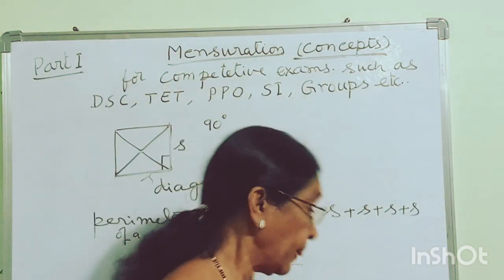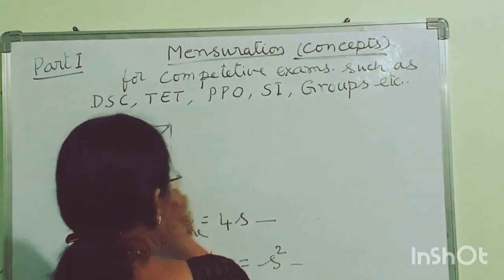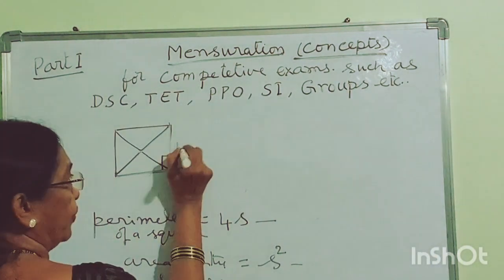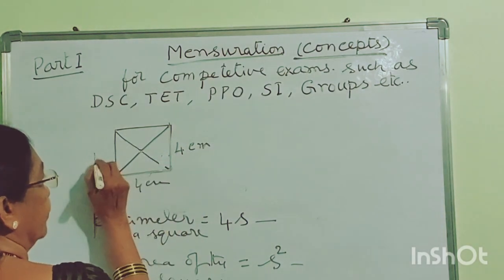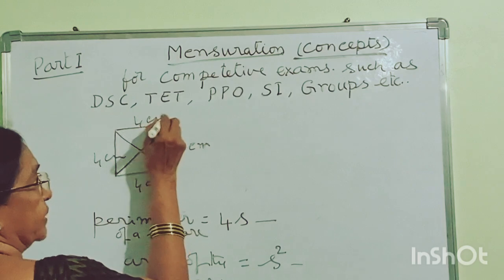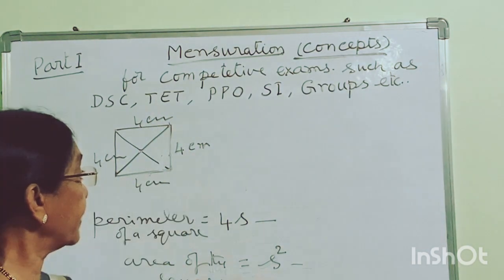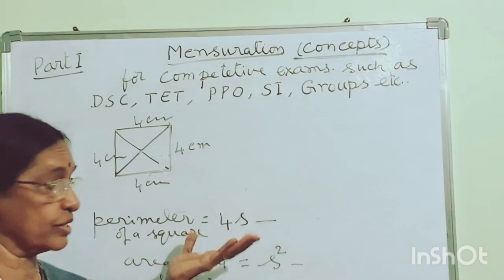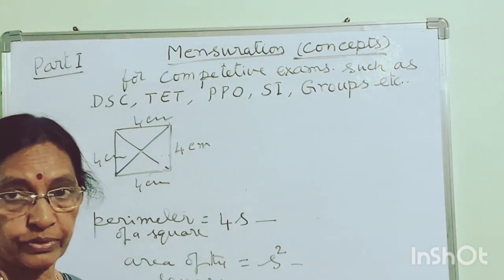For example, suppose there is a square whose side is 4 centimeters. Each side of the square is 4 centimeters. Then the perimeter is the sum of the 4 sides: 4 centimeters plus 4 centimeters plus 4 centimeters plus 4 centimeters.